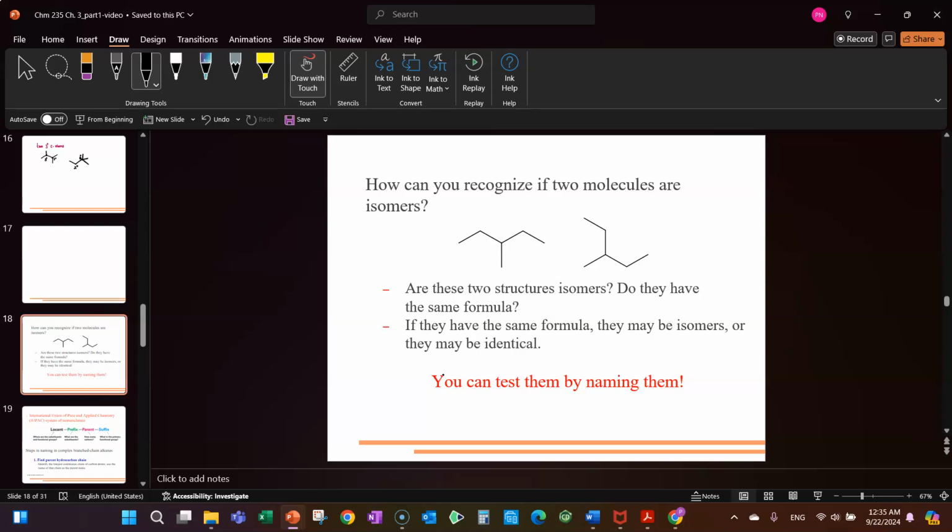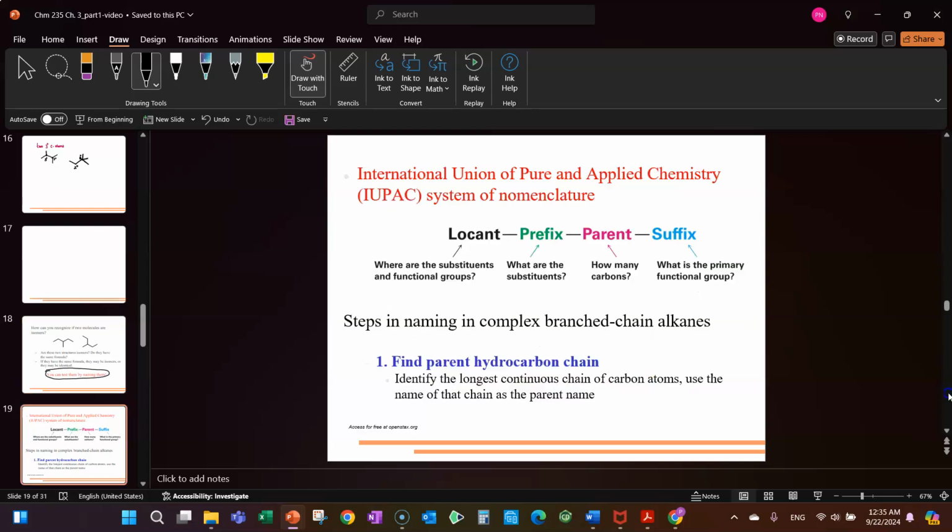The best way is by naming them, because we have certain rules called the IUPAC nomenclature rules, and we use them to name organic compounds. If they have exactly the same name, then they are the same compound. But if they have different names, then they are not identical.